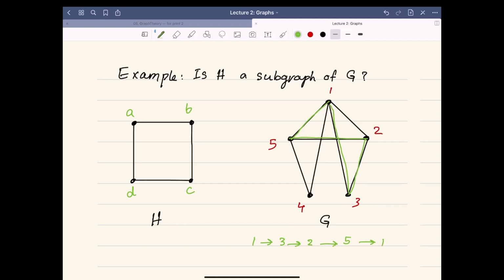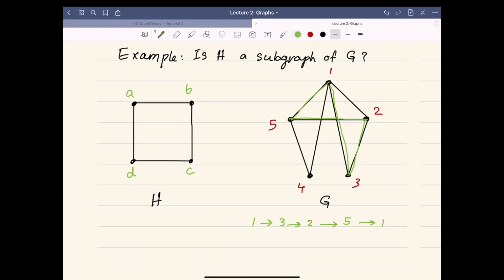So if you want to find the matching vertices, the mapping function, you can say, okay, you started from 1, so you can start from A. So f of A corresponds to 1, f of B corresponds to 3, f of C corresponds to 2, and f of D corresponds to 5.